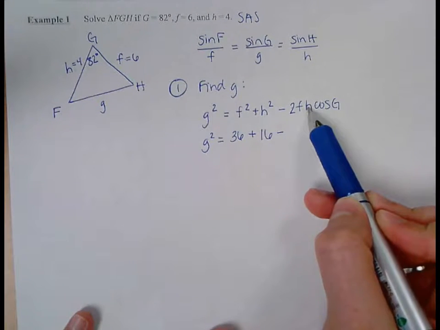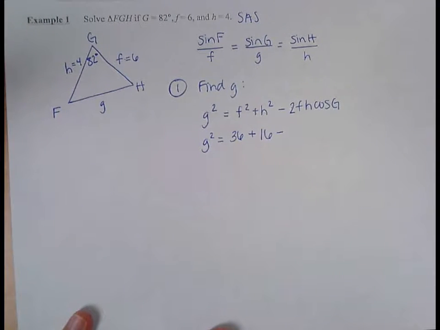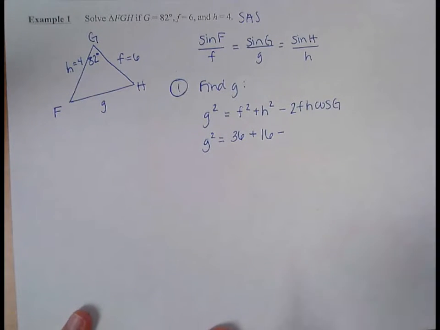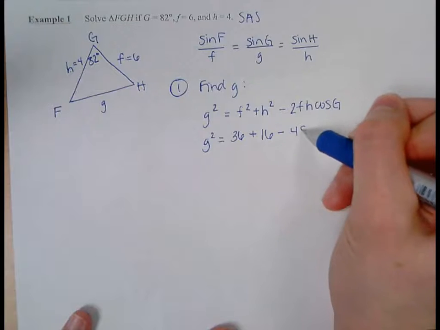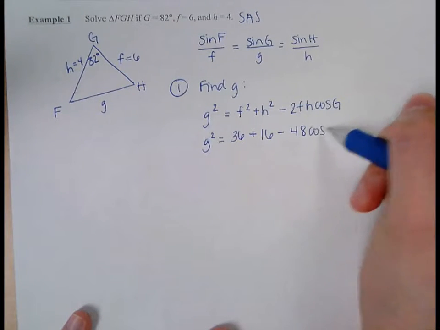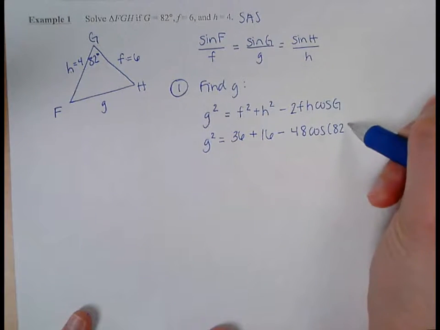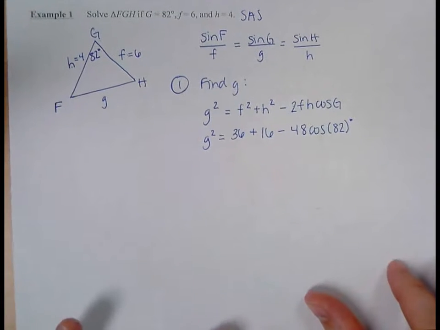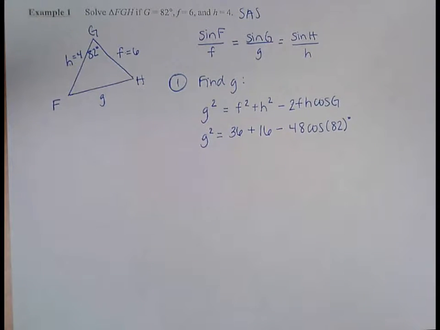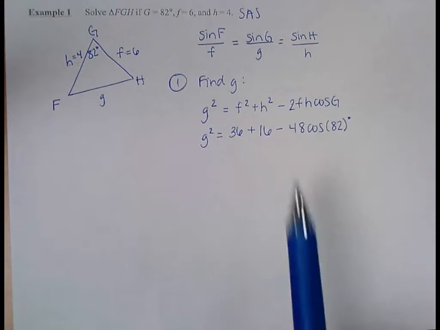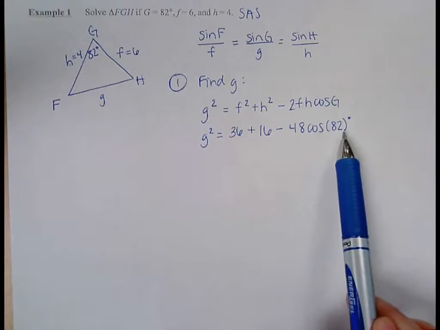So 2 times 6 times 4 would be 12 times 4, so 48. So 48, and then cosine of angle G is 82 degrees. And that 48 and the cosine of 82 are multiplied together. And now this can just be typed in the calculator.